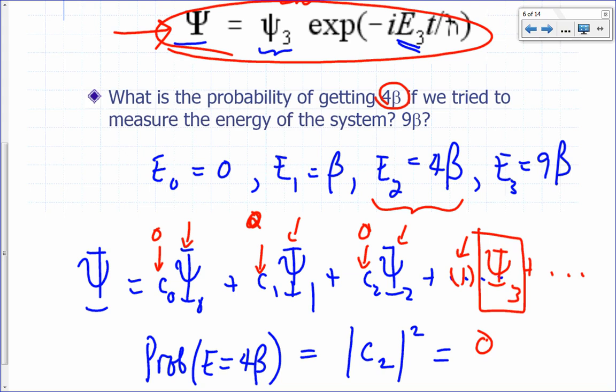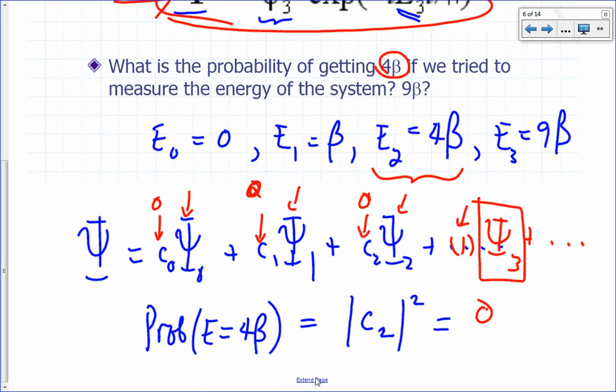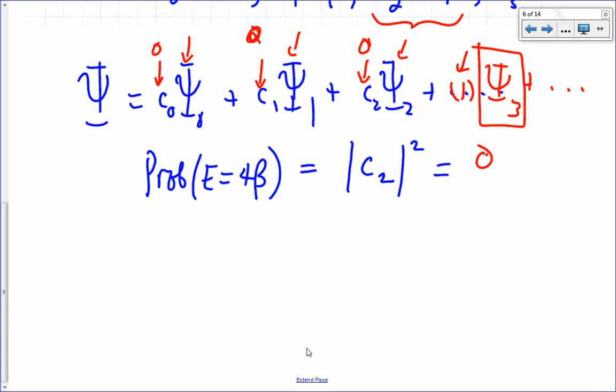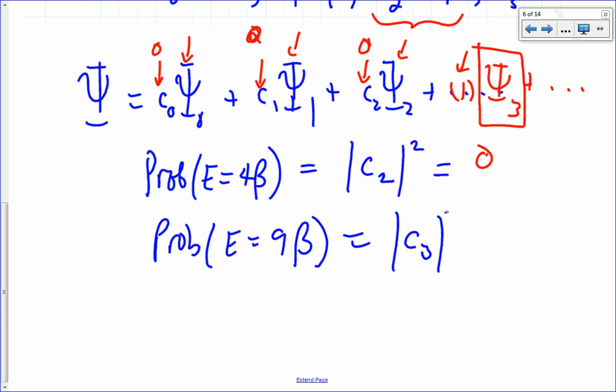What's the probability that you're going to get 9 beta? Well, 9 beta is the energy corresponding to psi 3, so the probability of getting 9 beta is 1. That's the absolute value of C3 squared, which is just 1 squared.